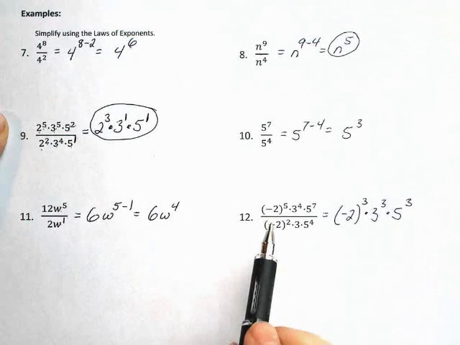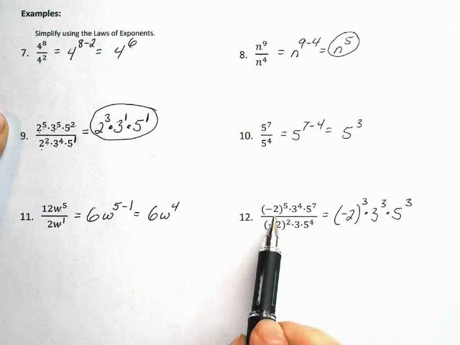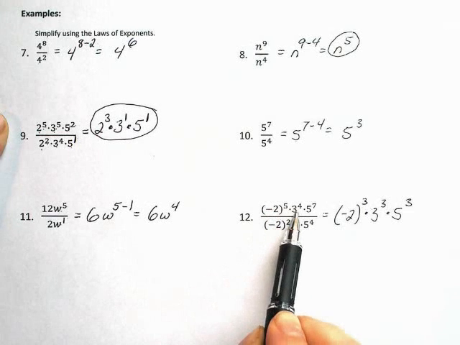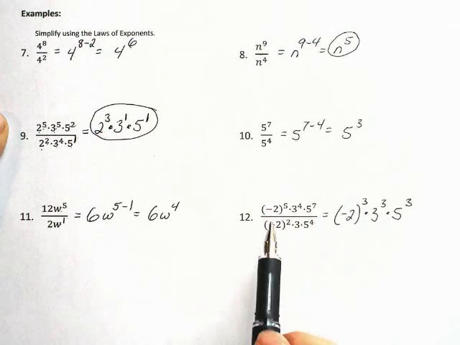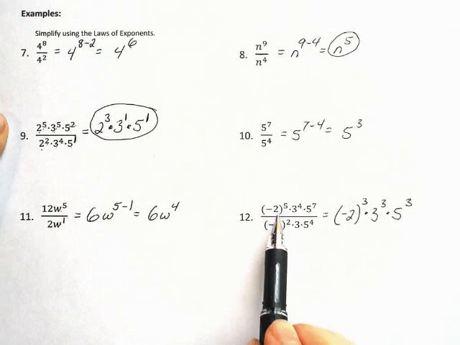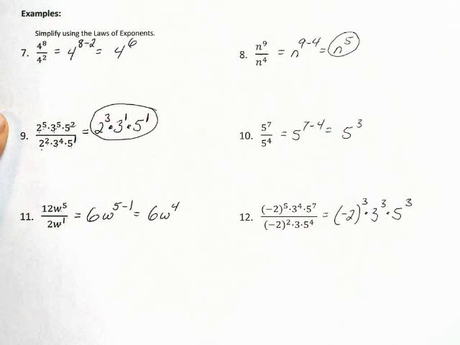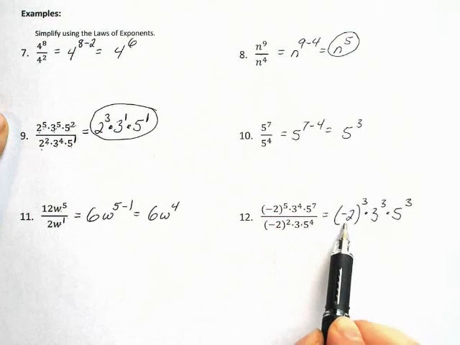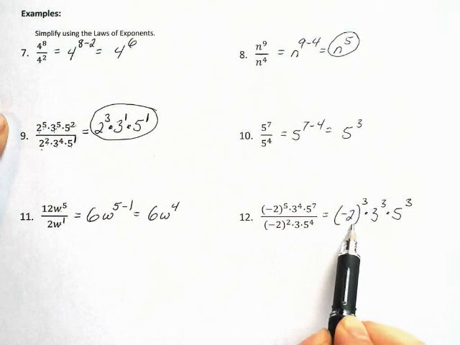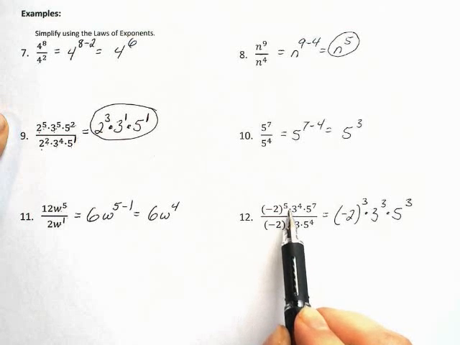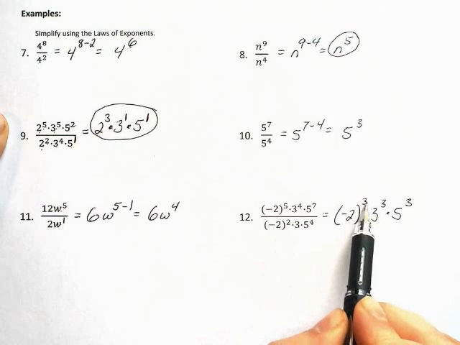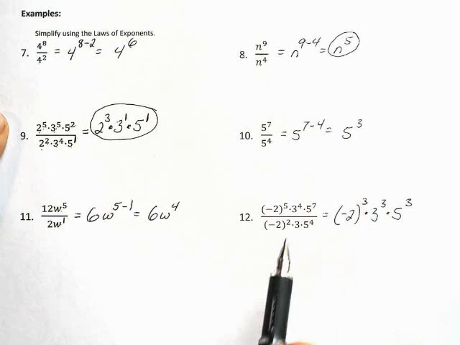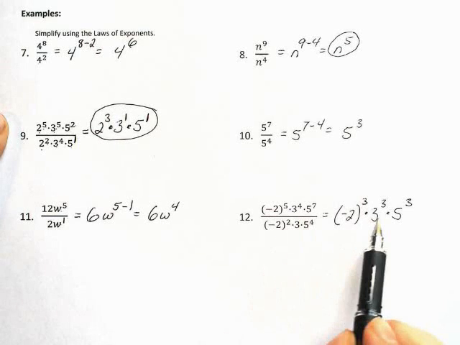For problem 12, this is still a division problem, and it has many powers. And as long as you're careful and you match up the like bases, then you know what exponents to subtract. So start with the base, -2, write that base down, and then subtract exponents, 5 subtract 2, to get an exponent of 3. Then work with the base of 3.